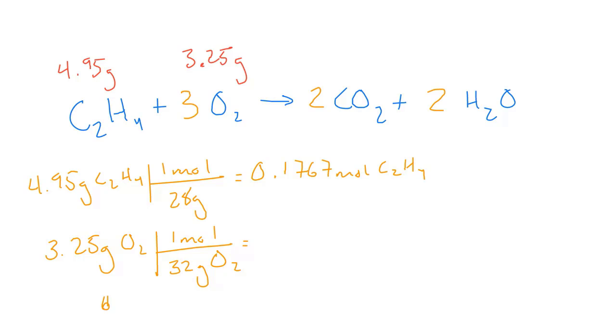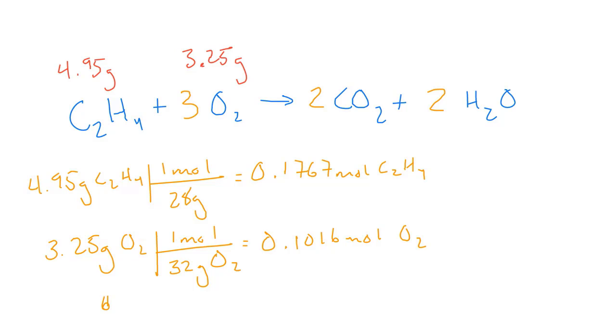So your diatomic atoms, like hydrogen, oxygen, chlorine, fluorine, iodine, and bromine. So the weight is going to be doubled if you're dealing with a diatomic. So can someone tell me what this number is? Awesome. Thank you, Lauren. 0.1016 moles oxygen.